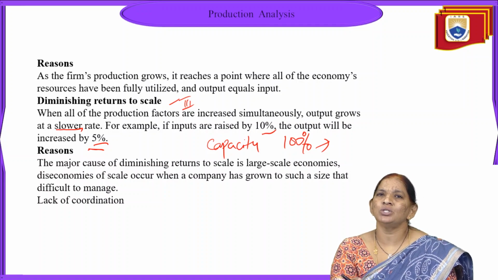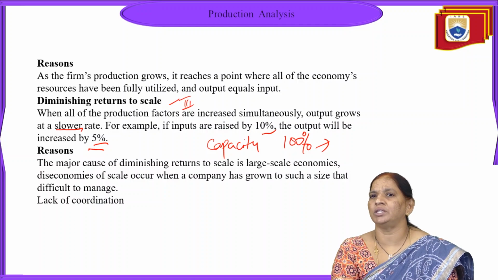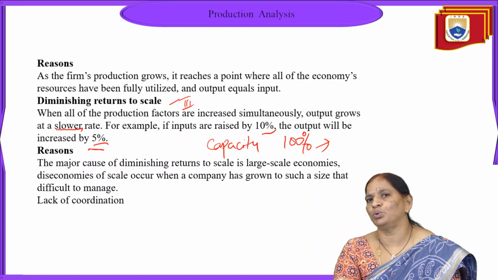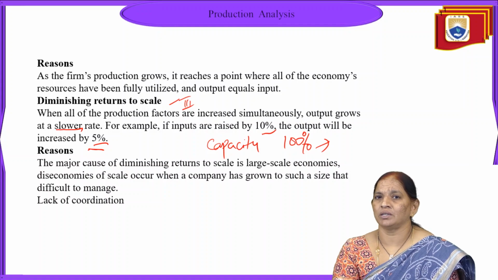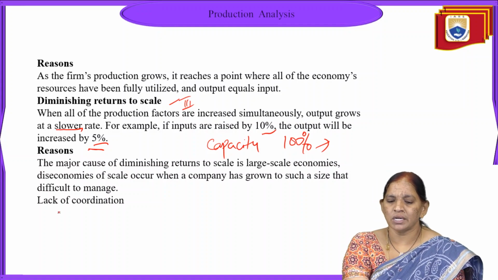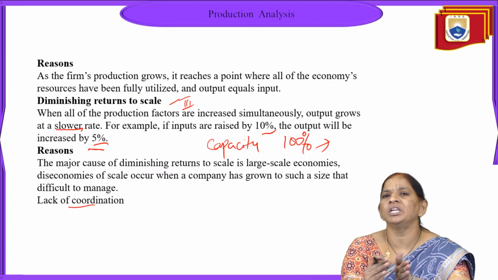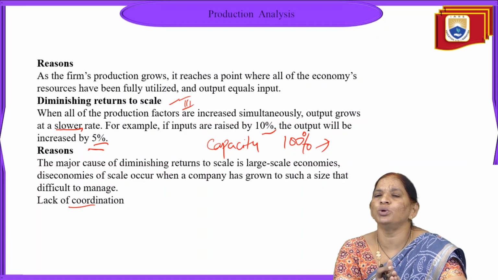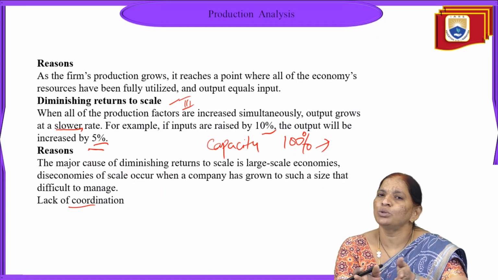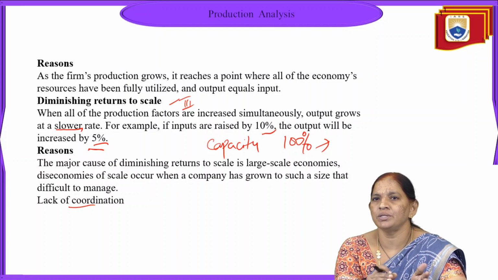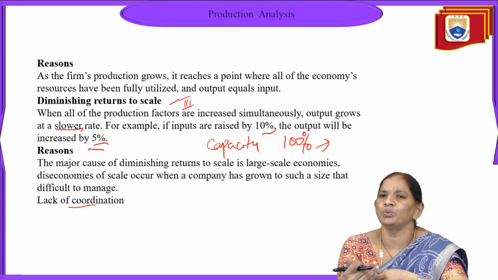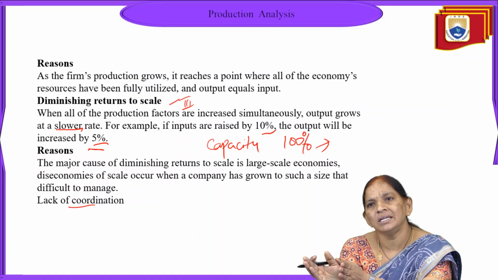That's why managing the internal input and output becomes very difficult. This gives rise to a lack of coordination, meaning the correlation between input and output is disturbed, so the same percentage increase in inputs cannot give the desired level of output.